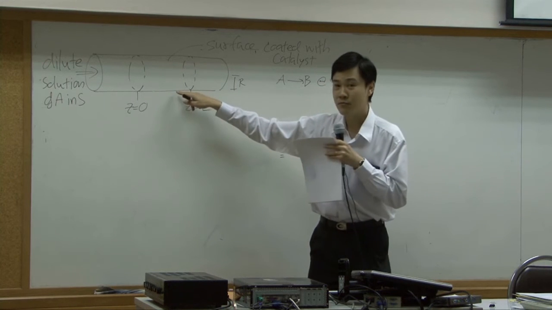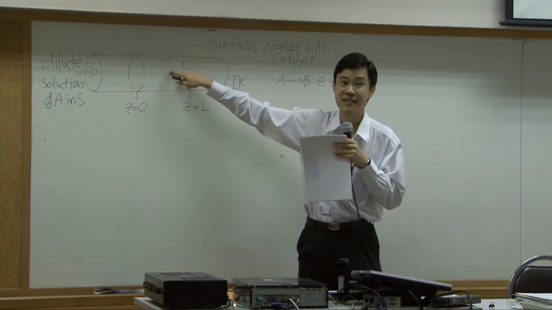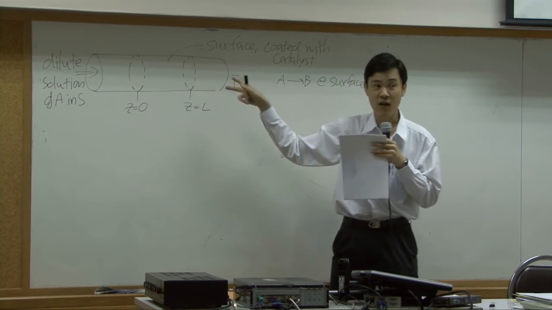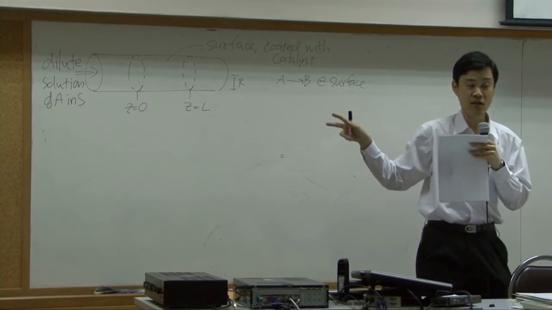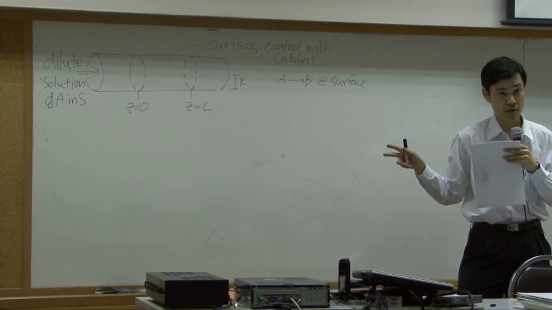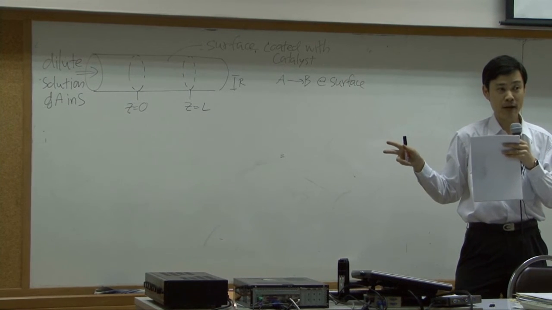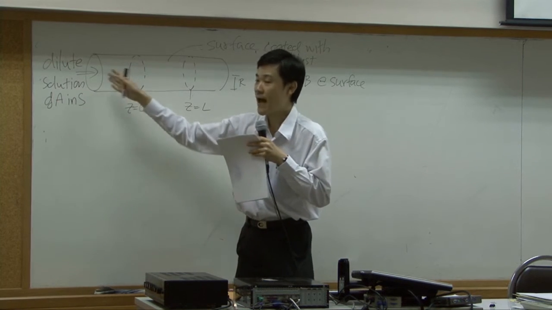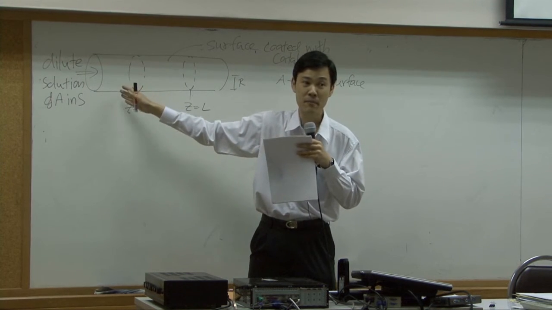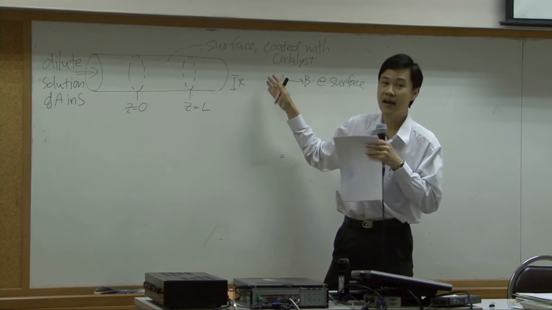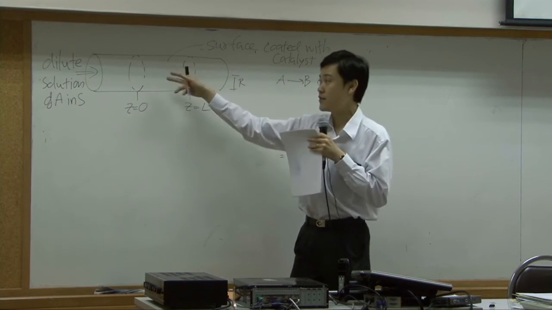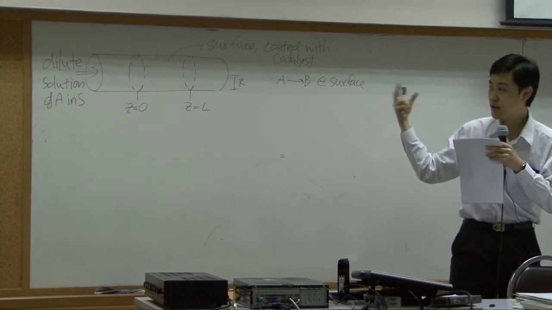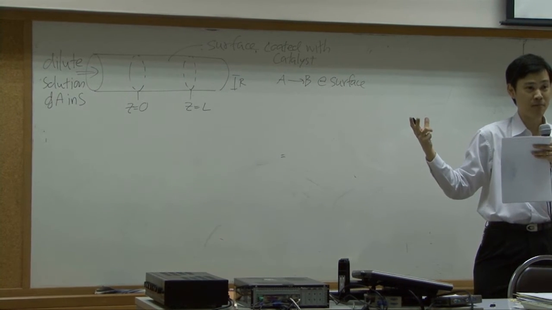Temperature at the wall is supposed to be higher than temperature at the center. In that case, you have a temperature difference along the R direction. There will be energy transport in the R direction as well. Okay? And if the reactant is fed here at low temperature and leaves at higher temperature, there will be energy transport along the Z direction as well. So everything is combined into one particular problem.